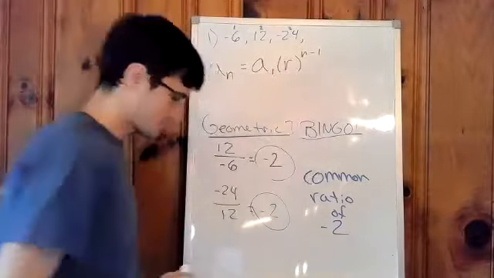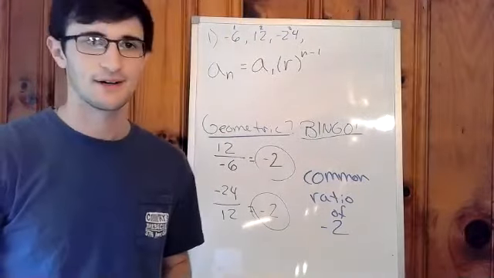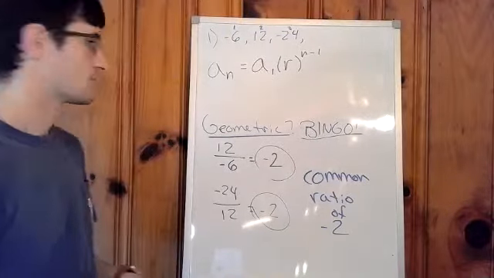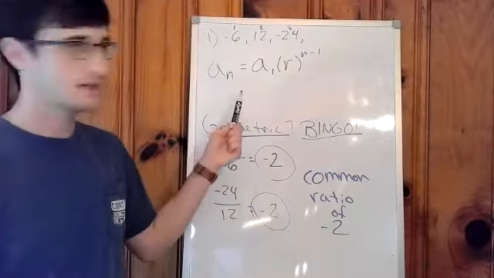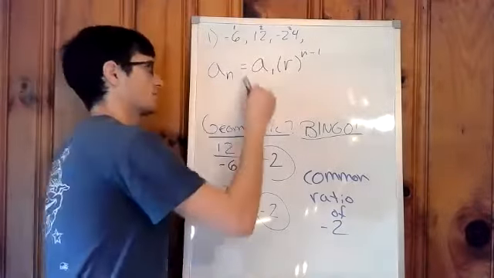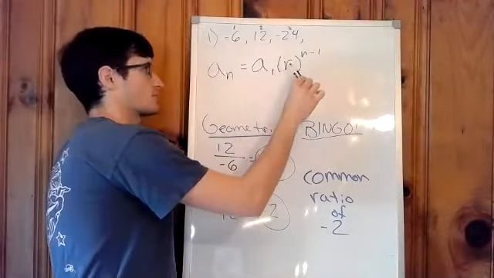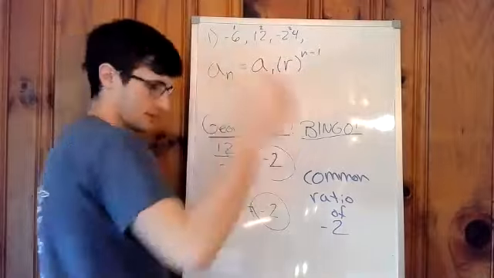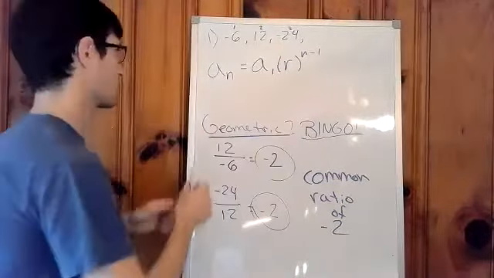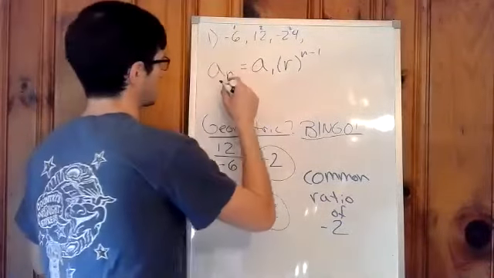You probably remember this formula where a sub n is equal to a sub 1 times the ratio raised to the n minus 1. Let me break down each piece of that before I just math you to death.